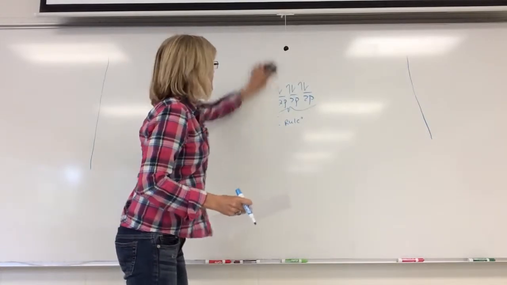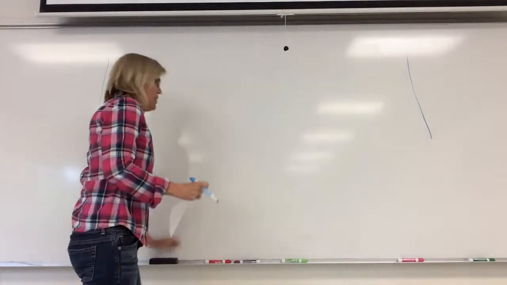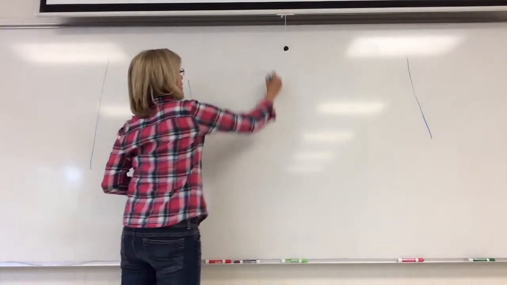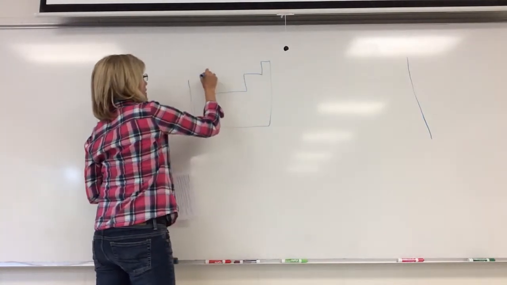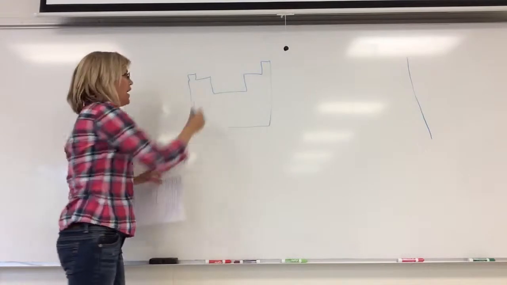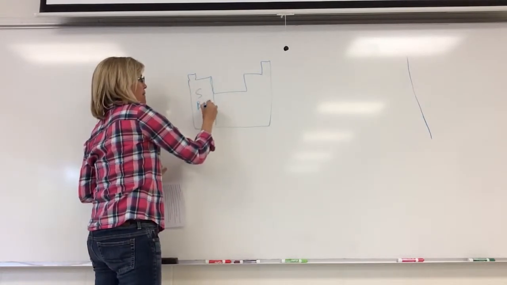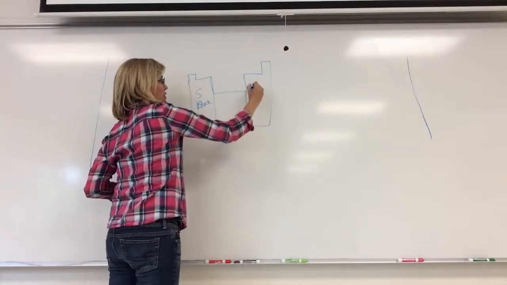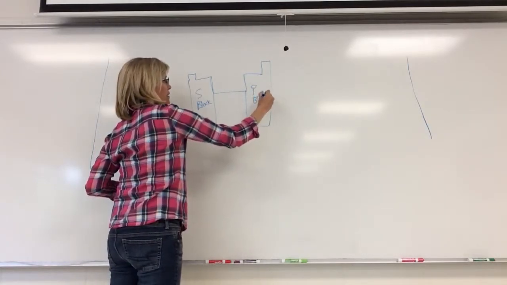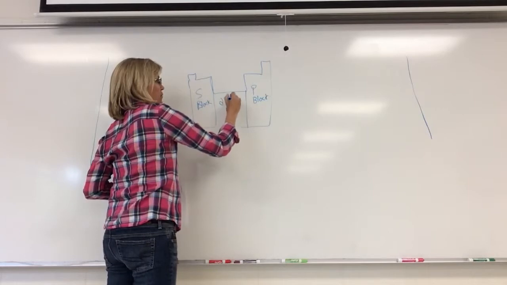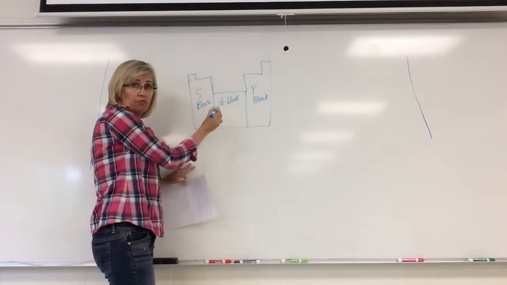With that in mind, your periodic table that you have access to looks like this. This is referred to as the s block. And this is referred to as the p block. And this is the d block. And we're going to ignore this for now.